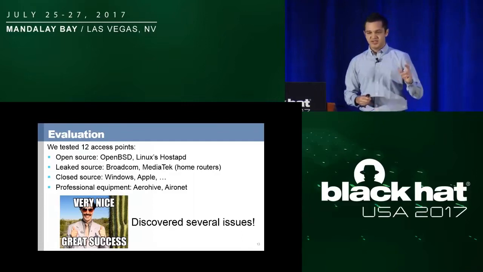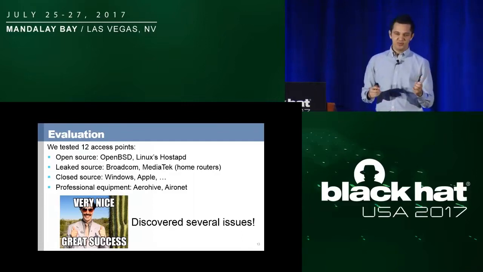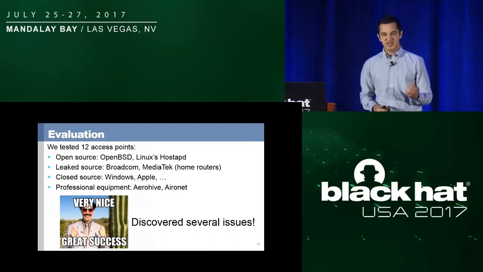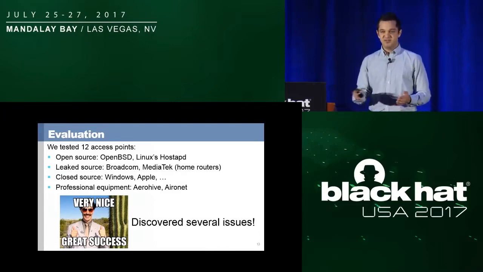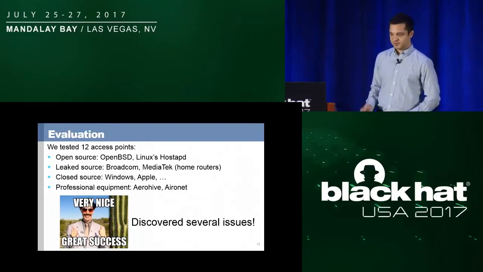Generally, in every access point we found some small deviations from the standard, but some of these deviations were just very benign, and you can't even consider them really bugs. They were deviations, and some were bugs but not exploitable. But we're going to focus on the most interesting ones.